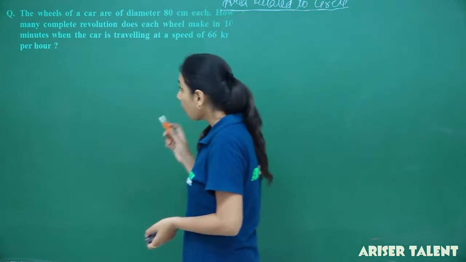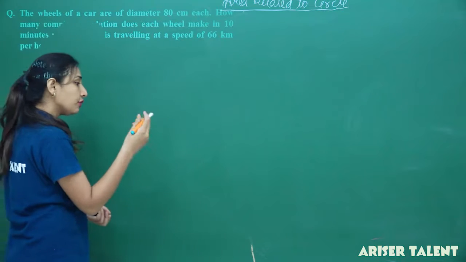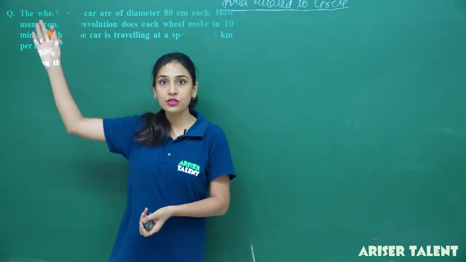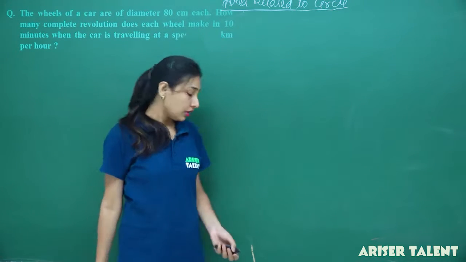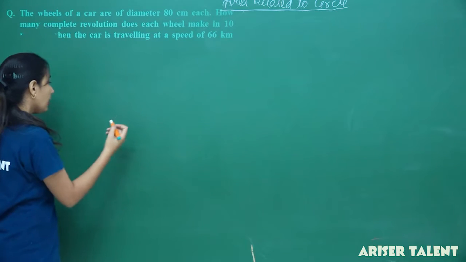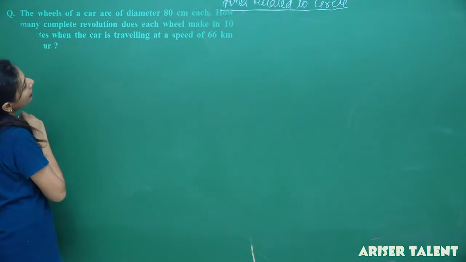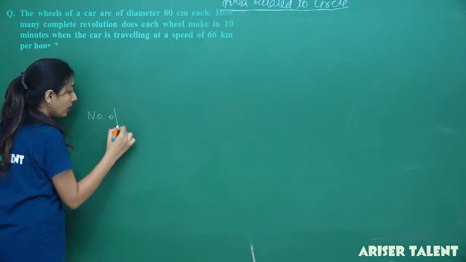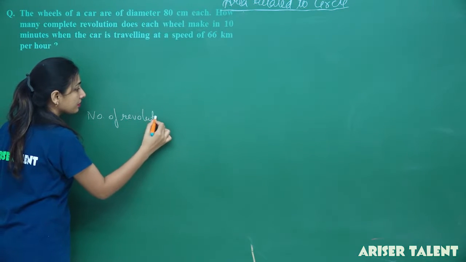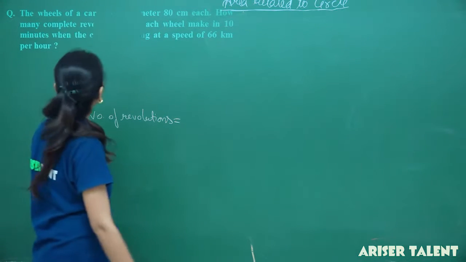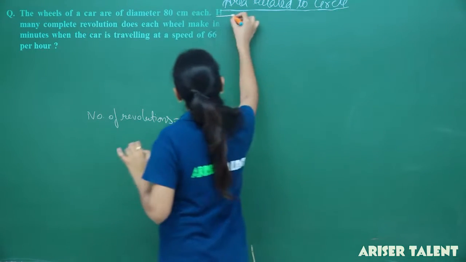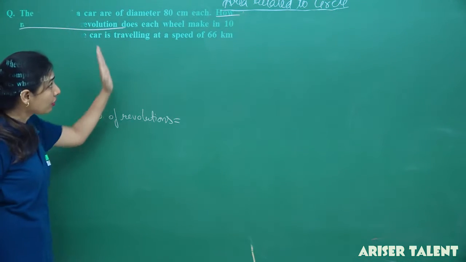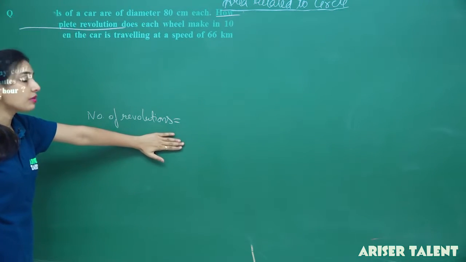Now students, if you go back in the history of this chapter, it's not very far, like 3 or 4 lessons before, I taught you that if you are ever asked about the number of revolutions, because it's directly asking how many complete revolutions something is making, I am just coming to this number of revolutions.